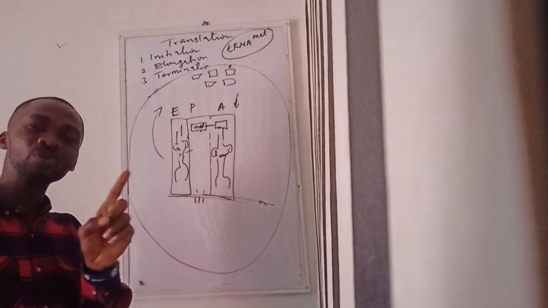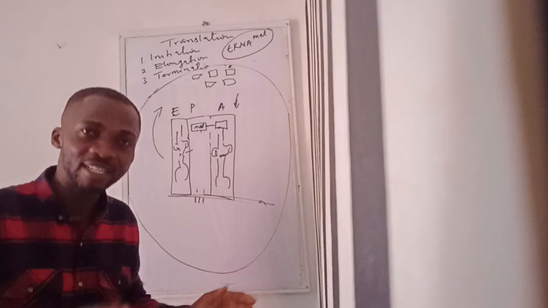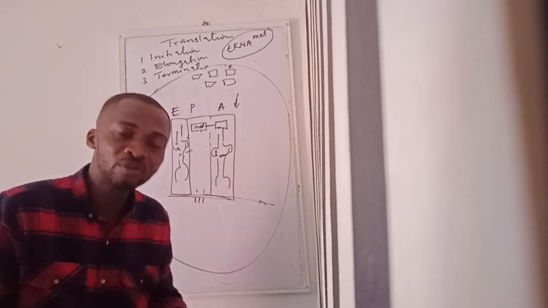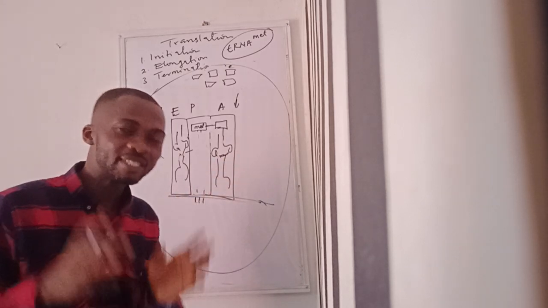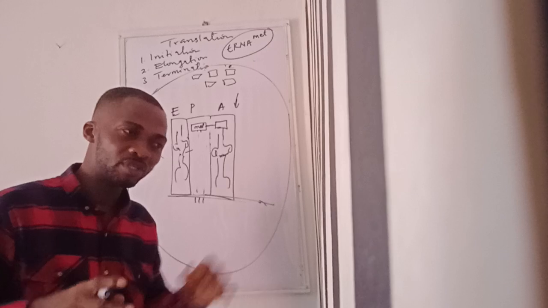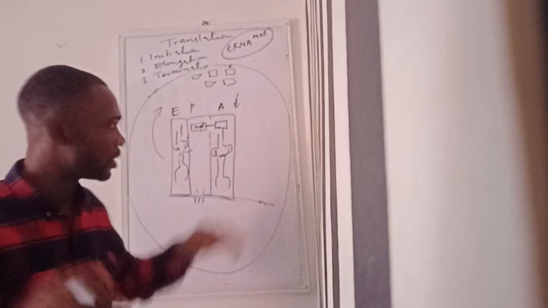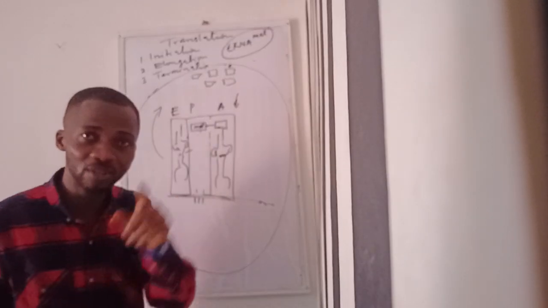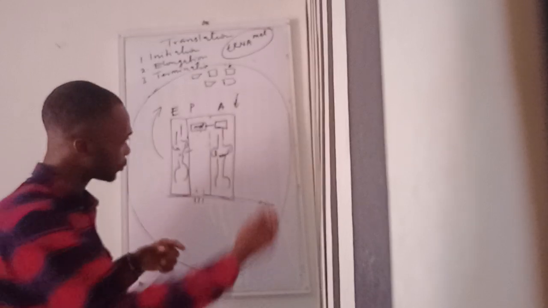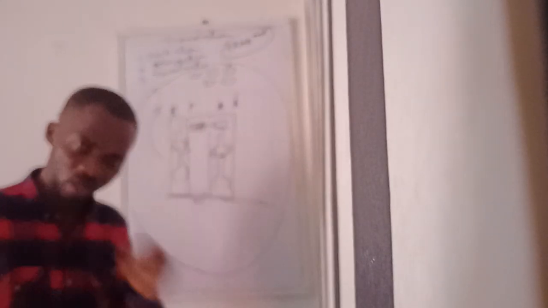That is one of the reasons, or one of the benefits, of the delay. Within that period, the elongation factor will ensure that this transfer RNA carrying the second amino acid is correctly positioned on the A site, because it must pass through the A site.